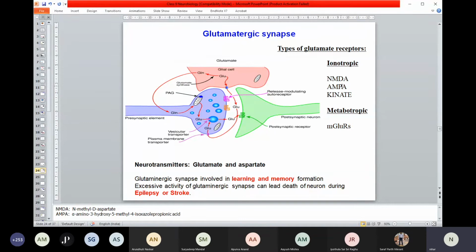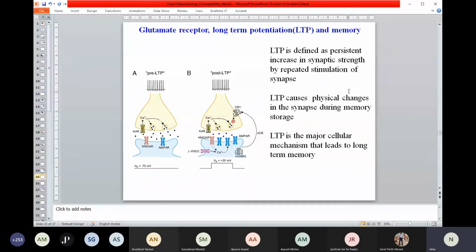NMDA means N-methyl D-aspartic acid, something like that. The ionotropic type is a channel, the metabotropic type is a G-protein coupled receptor, and all these ionotropic and metabotropic types are involved in the learning and memory process. Okay. And you see how it happens. This is just to give the most simplified view.